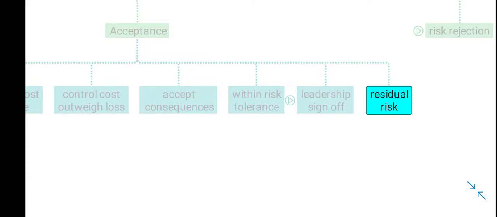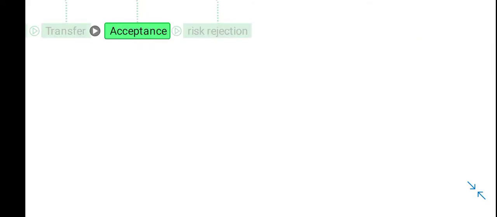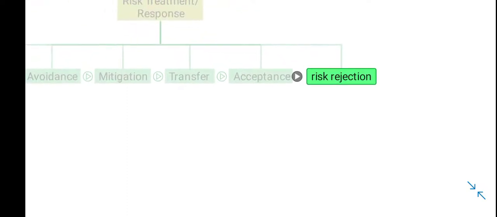So the residual risk is a kind of risk acceptance. So after implementing the controls, you have reduced the default level of risk to an acceptable level, which is the residual risk.